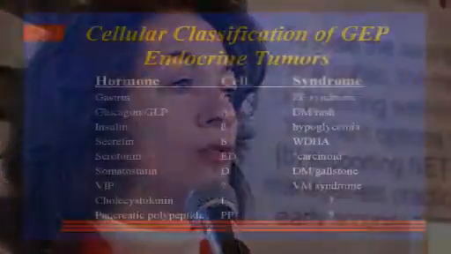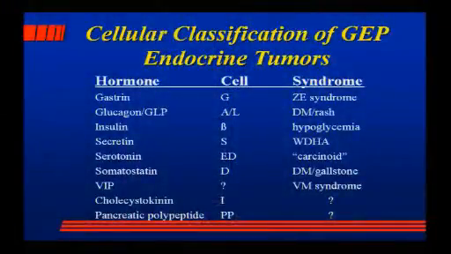And these are funny words, like we actually call them by their letter name, A cells, B cells, or you may have heard alpha and beta, depending if you want to be Greek or American. G cells and Z cells, and there are all kinds of these neuroendocrine cells throughout the body.